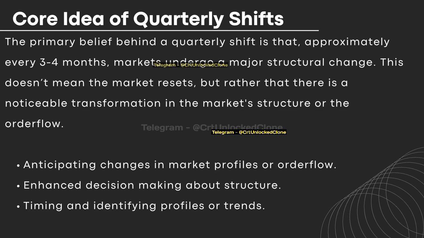And now that this specific market has moved in a ranging profile for the last 4 months, then according to quarterly shift, we can expect with a great deal of accuracy and precision a major structural change, and now we can expect an expansion profile and significant moves. That is what quarterly shift is.